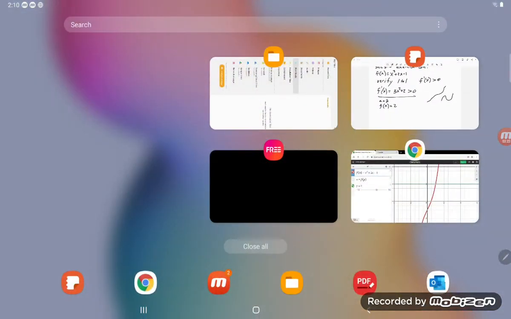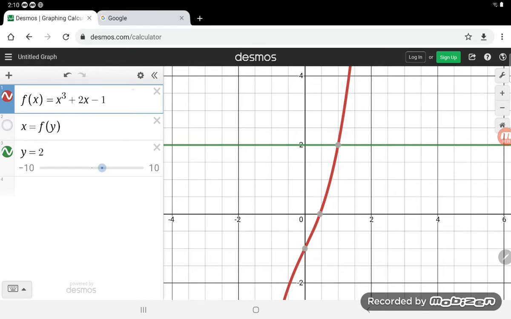And there we have it. And so I put in f of x is x cubed plus 2x minus 1. So that's our red curve there. And then I said y equals 2. And there's the intersection. And so I see that's at 1, 2. I was thinking it was at 2, 2, but there's 2. Yeah, it's at 1, 2.